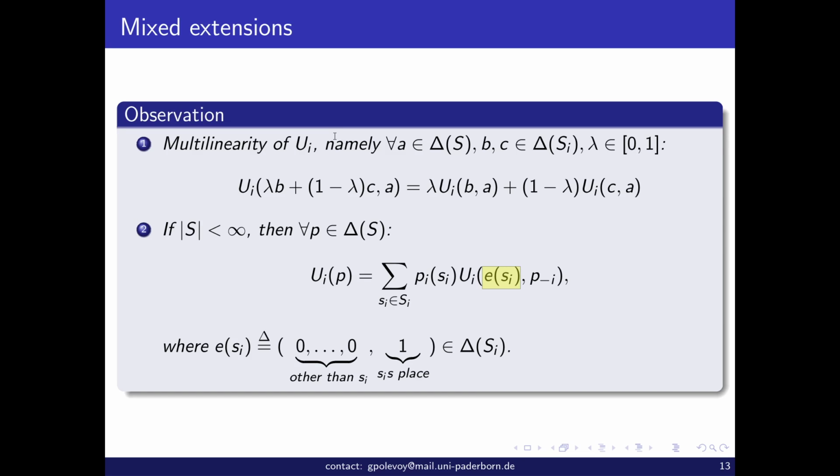So in the other places there is 0, and in si's place there is 1, because all the weight goes there. So this probability 1, that mixed strategy plays si.